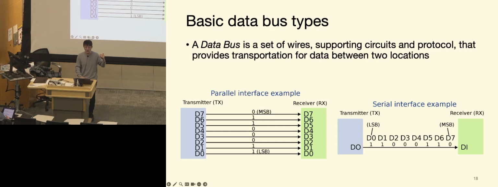The parallel one is essentially a bunch of D flip-flops wired directly to each other. It's much faster, but the trade-off is it needs more space. Those are usually used for on-chip communications. The serial ones on the right basically send a bunch of highs and lows over time, and the good thing is it only uses one physical wire to do that.